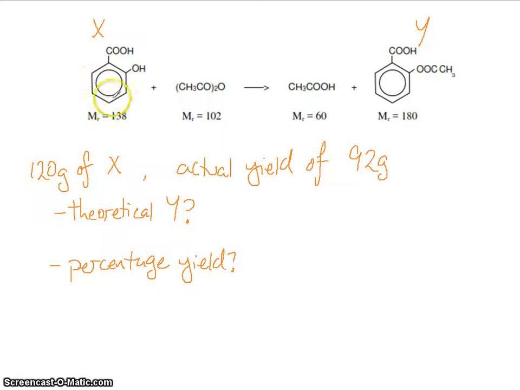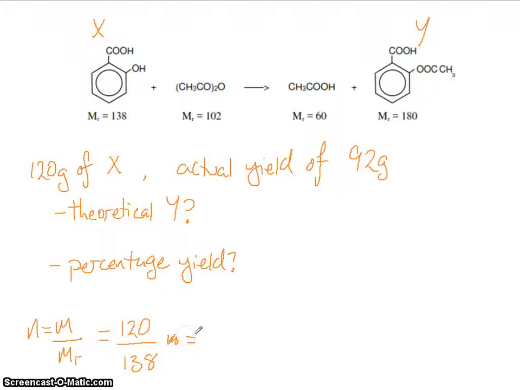Okay, so looking at the mole ratios here, we've got 1 mole of X forming 1 mole of Y, but we've got different masses here. So first things first, we need to work out how many moles of X we've actually got. So using our normal formula of number of moles is mass over relative mass, we can work out the number of moles of X in 120 grams. So our mass is 120 grams, our relative mass is 138.